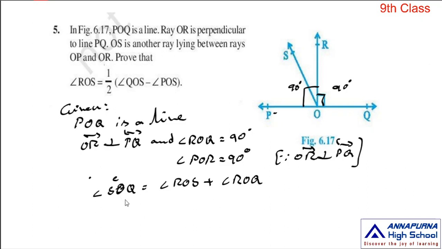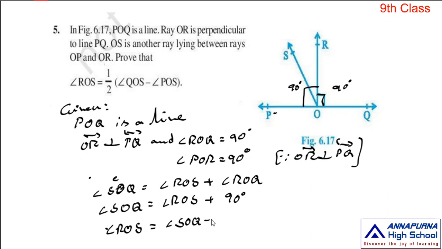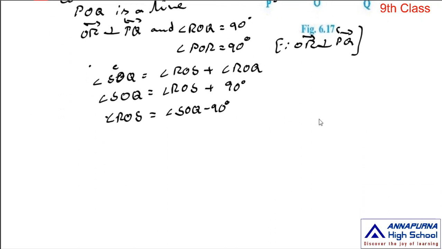In this condition, angle SOQ is equal to angle ROS plus 90 degrees, given angle ROQ is equal to 90 degrees. Angle ROS is equal to angle SOQ minus 90 degrees. This is equation 1.